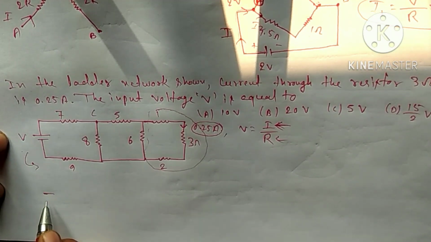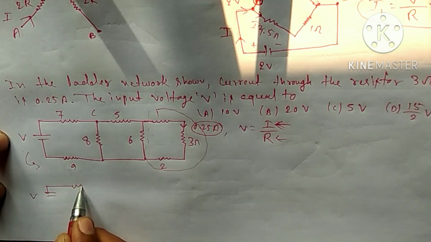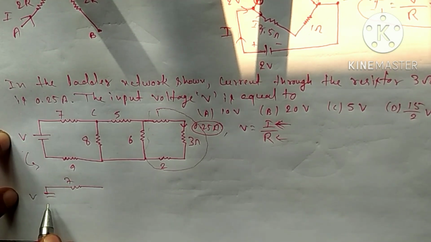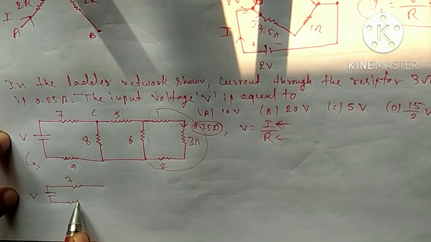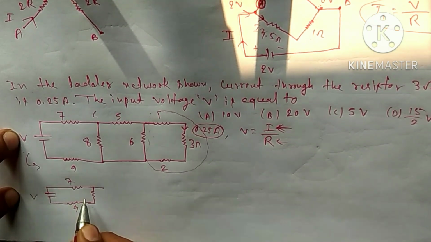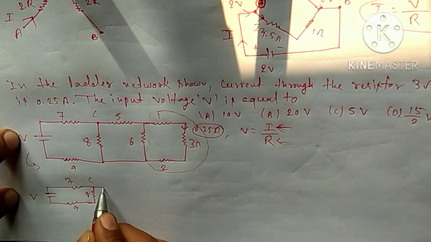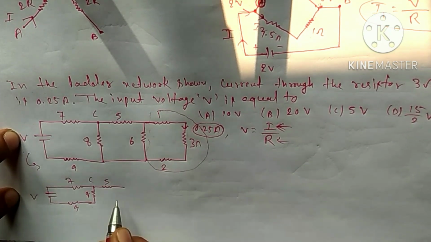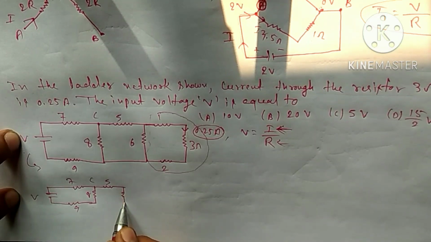So that is the voltage. This is the 7 ohm and this is the 9 ohm. After that this is the 8 ohm, this is point C, this is the 5, and this is the 6.